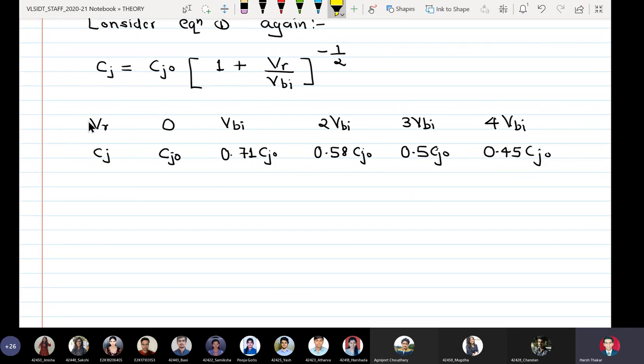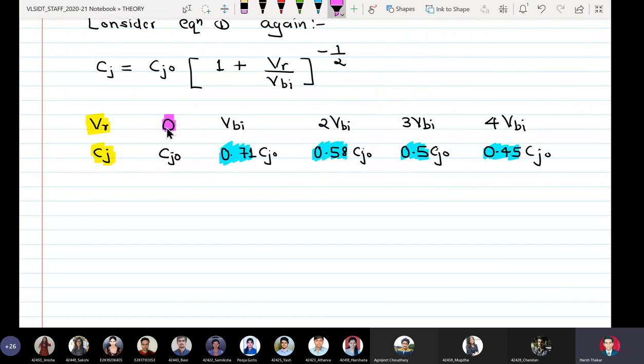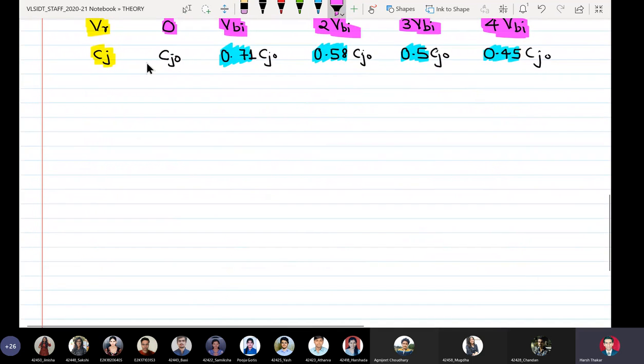Okay, so 0.71, 0.58, 0.5, 0.45, for 0 VBI, 2 VBI. Okay, so again we are coming to the same conclusion that as VR increases, Cj reduces.